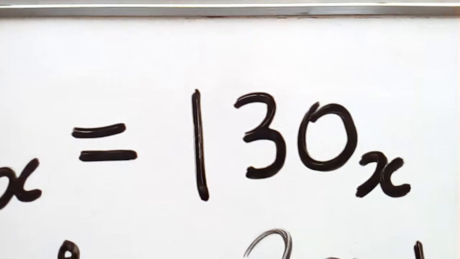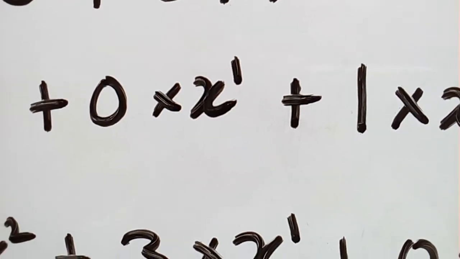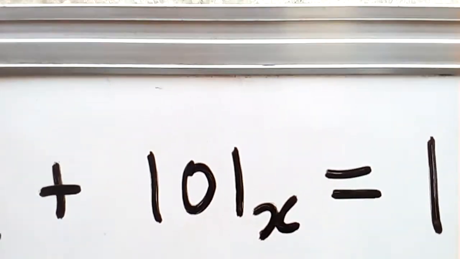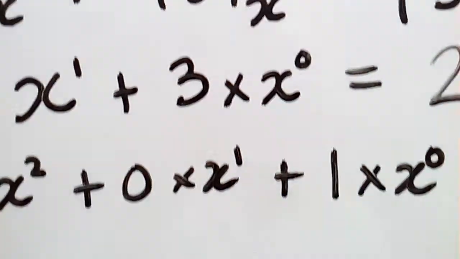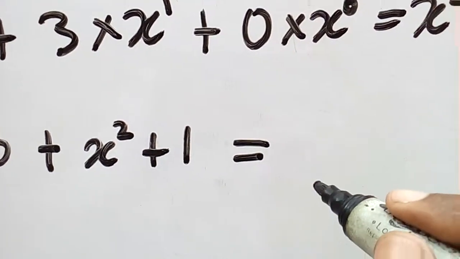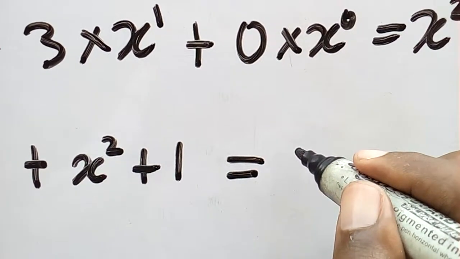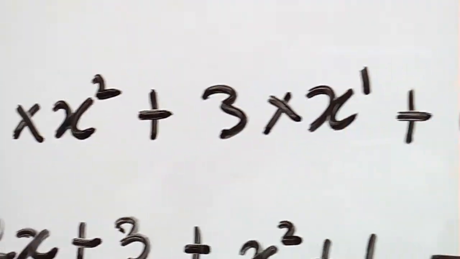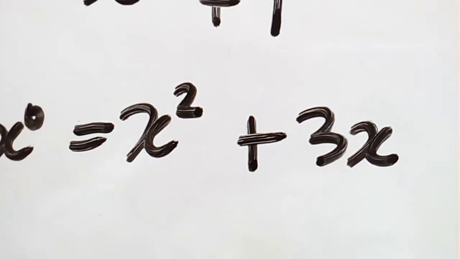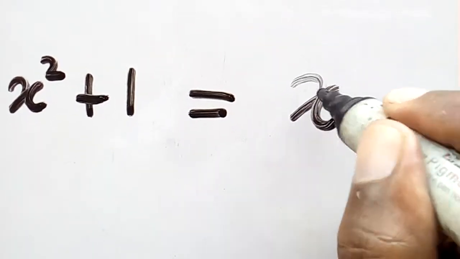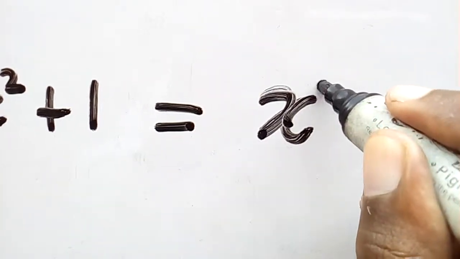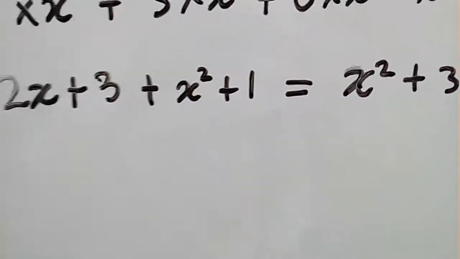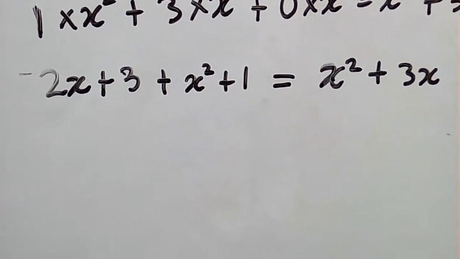Okay, and finally you put your equals to. Okay, we're just replacing the numbers with their equivalents in base 10. Okay, so I'll come down here and have 130. In place of 130 to base x, I have x squared plus 3x.